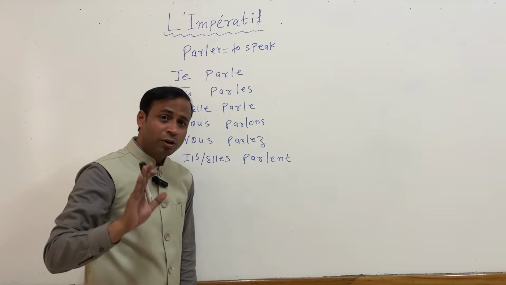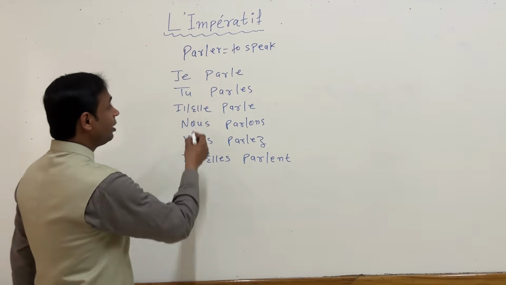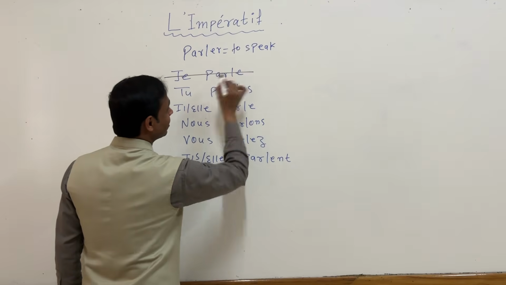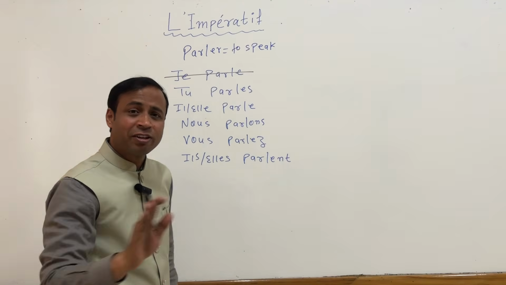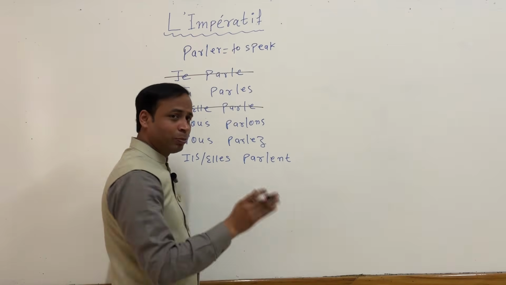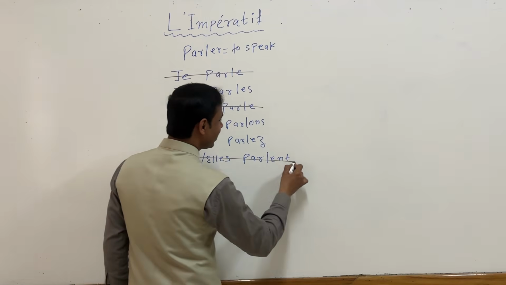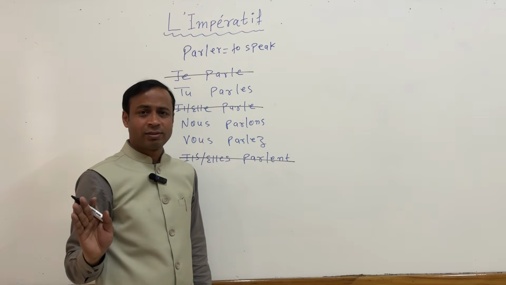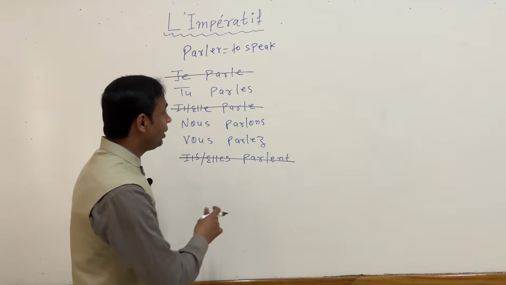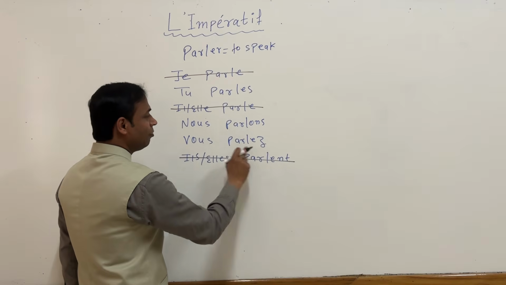To make imperative, my dear students, we should know that in imperative we don't need this, just completely remove it. We need only the tu form, the nous form, and the vous form.